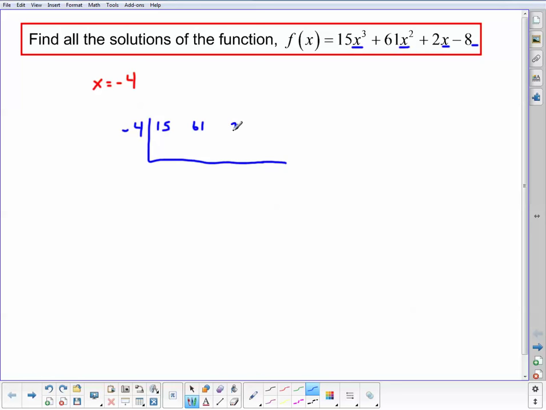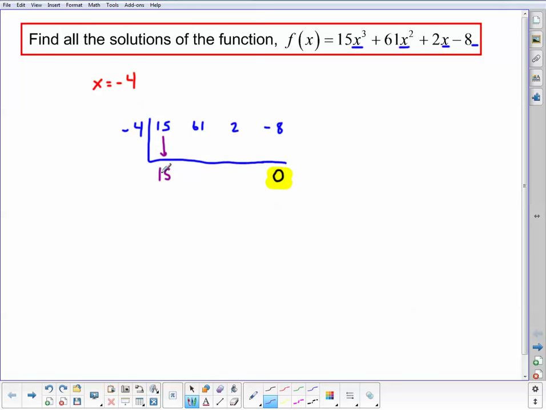2, and negative 8. One thing that I always like to do is, I know that my remainder should be 0 if I'm doing things right. So I like to put a 0 in as a self-check here. If I don't get a 0, I know I'm doing something wrong. I would imagine you already know how to do synthetic division, so I'm going to go through it pretty quick. I drop the 15, which leaves me with 15 there.